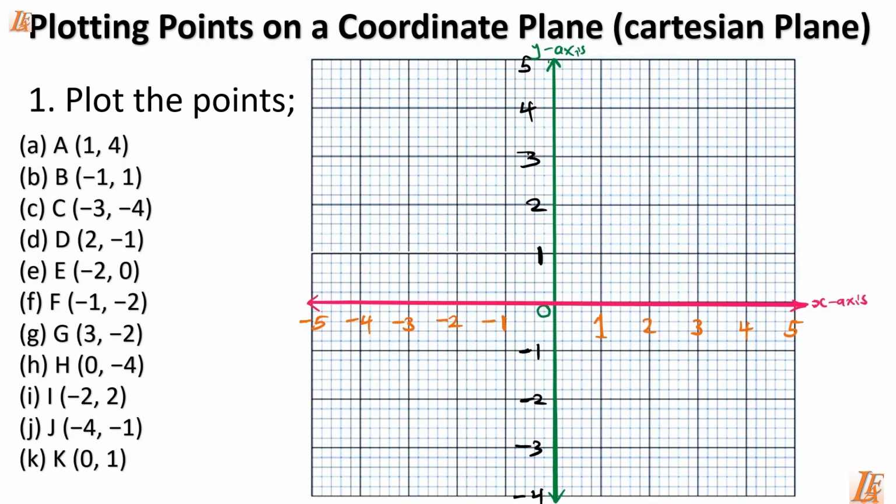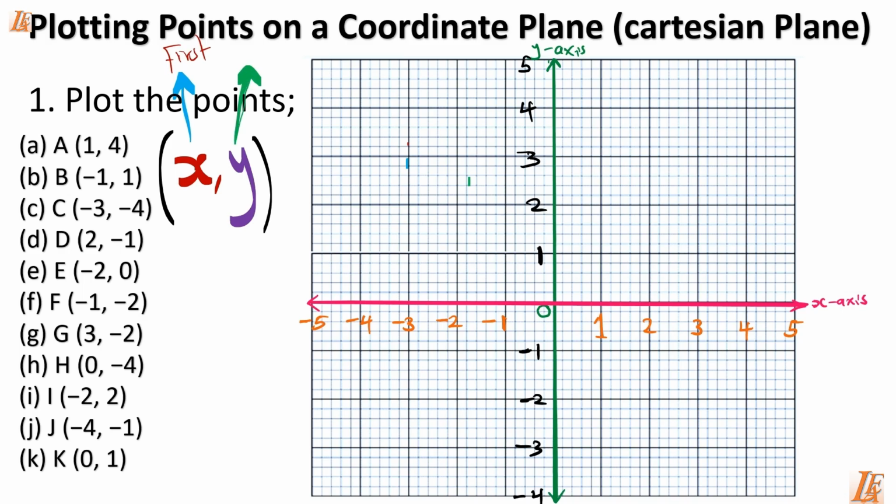So now that we have seen how ordered pairs or coordinates work on a Cartesian plane, remember we have said a coordinate must have x part, then followed by y part. What's important here is that x comes first, then y comes second, in that order alphabetically.